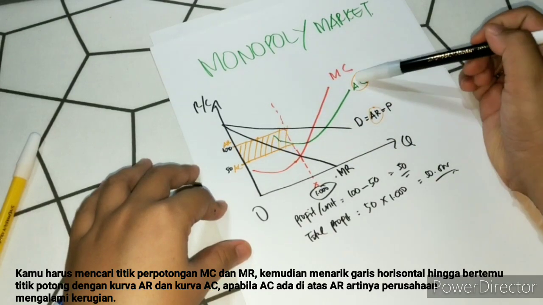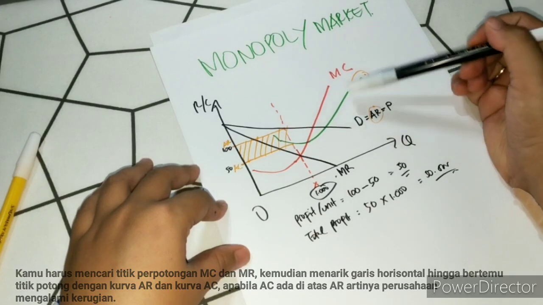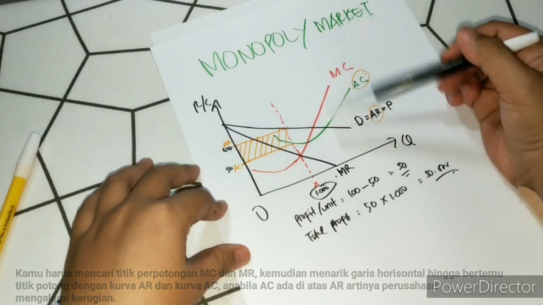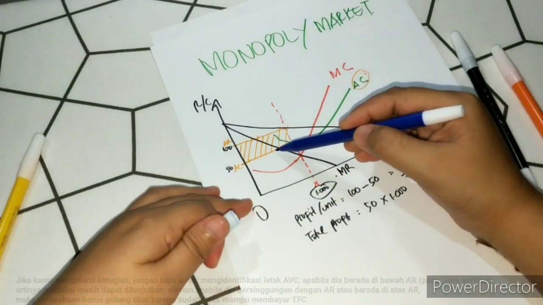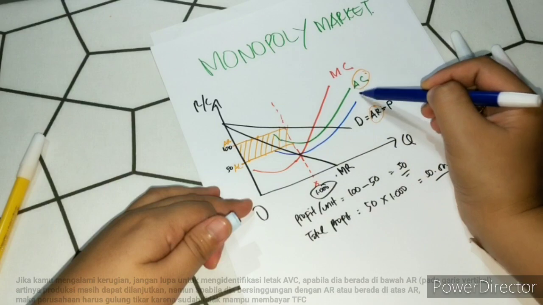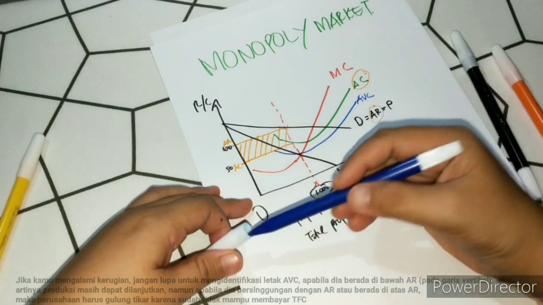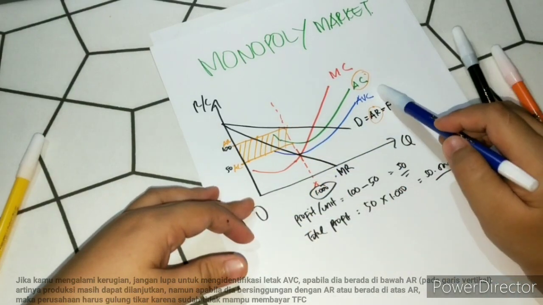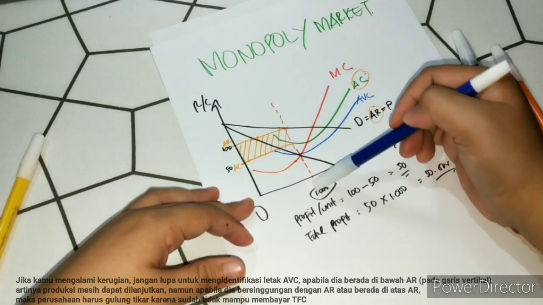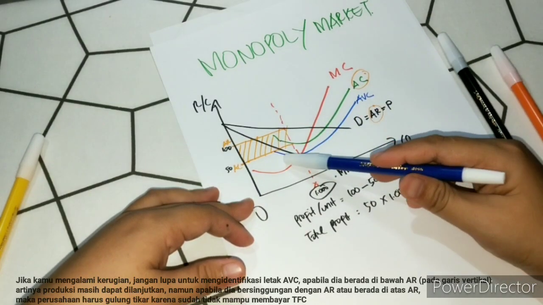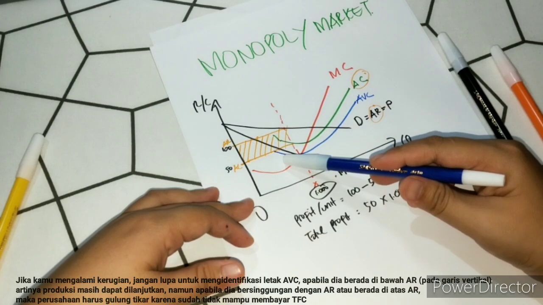If the average cost is above the average revenue, it means you get a loss. If you get a loss, don't forget to identify where the average variable cost is. If the average variable cost is still below the average revenue on this vertical line, it means you get a loss, but you can still continue your operation.